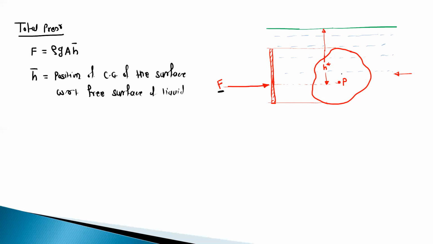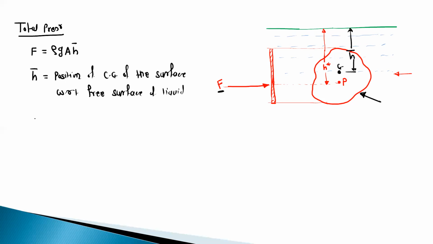Suppose for this submerged object, this is the center of gravity, point G. If you measure this height from the free surface of the water, it will become the h bar value.